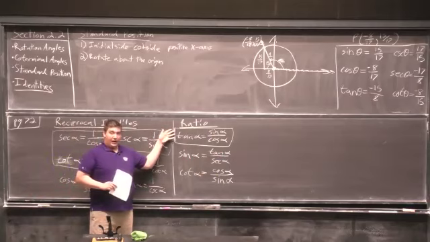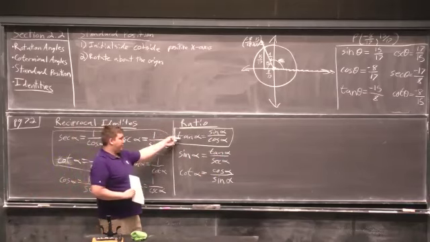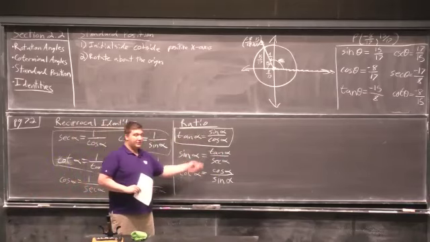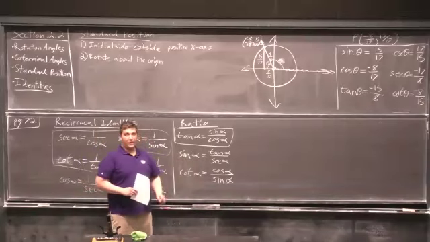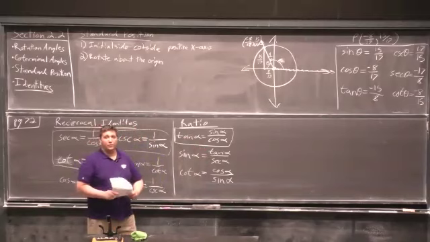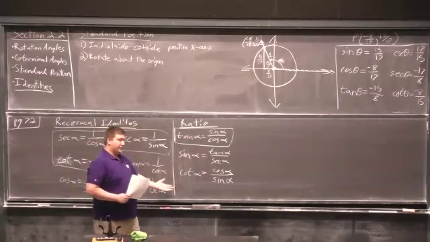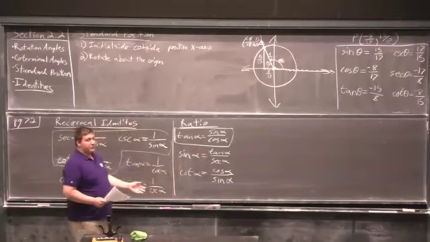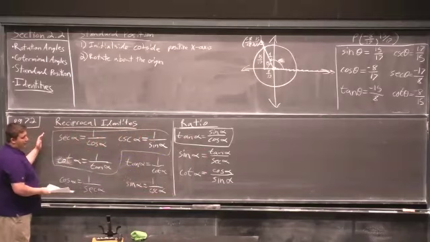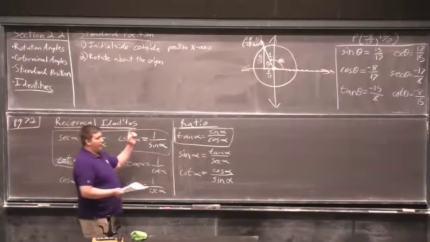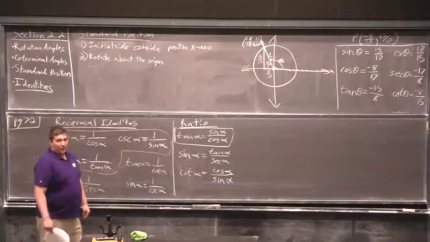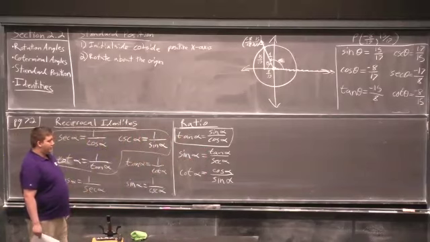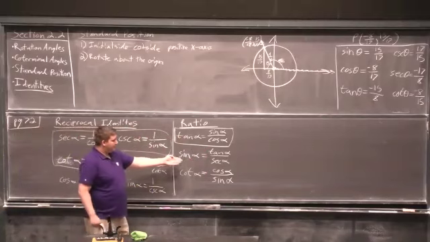Because if I have one relation between tangent, sine, and cosine, I can start making a whole bunch of relations. And really, all that the rest of these trig identities is, is we use one set of identities, we apply another identity, and it just starts spitting out other identities. For instance, take a look at the sine.